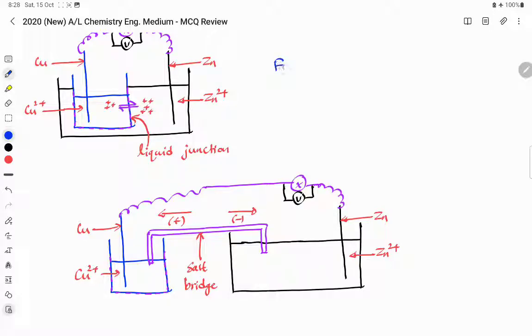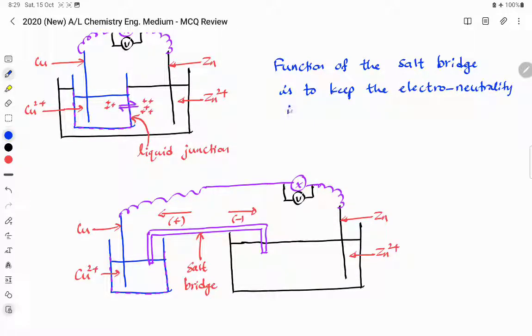So the function of the salt bridge is to neutralize, or we can say is to keep the electroneutrality in anode and cathode regions, anodic and cathodic regions, by preventing a liquid junction potential.